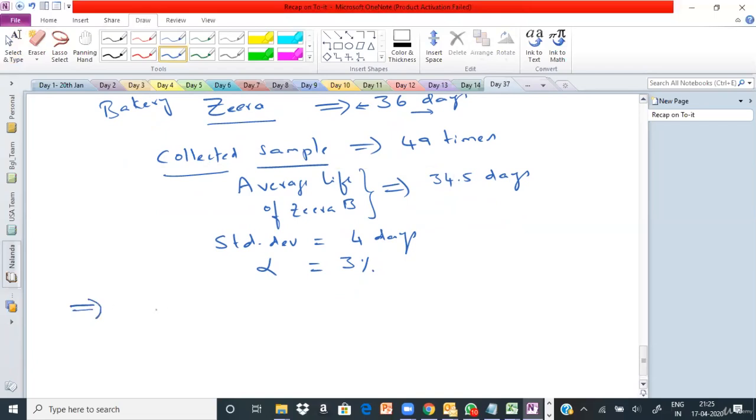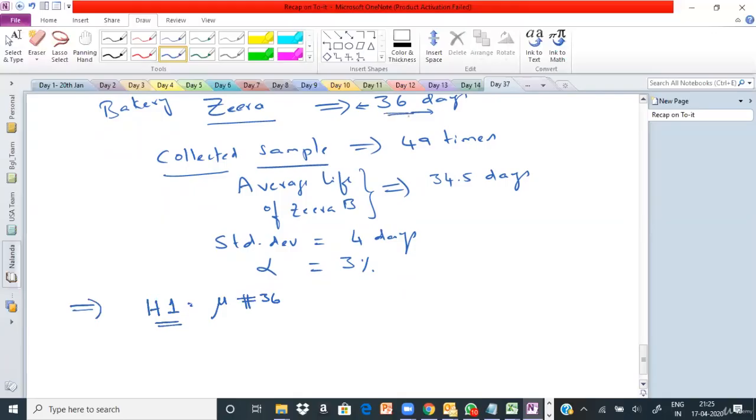Now let us look at your H1. What is your H1? What you are trying to claim is that the lifespan is more or less, so mu is not equal to 36 days.